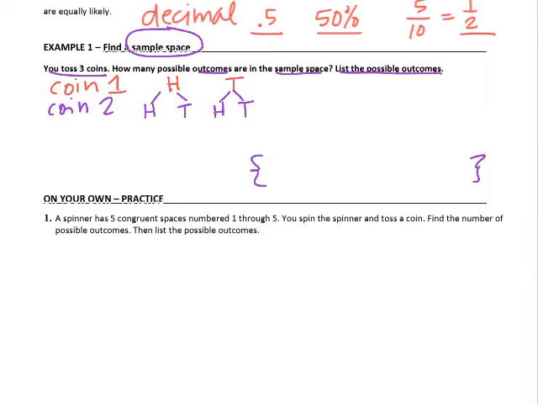I had heads the first time, I got heads the second time. That's a possible set of outcomes. Now I also have to set up a situation where I'm tossing the third coin, and if I got heads the first 2 times, I still could get heads a third time. Not a very high chance of that happening, but it's possible. If I got heads and then tails, I could get heads a third time.